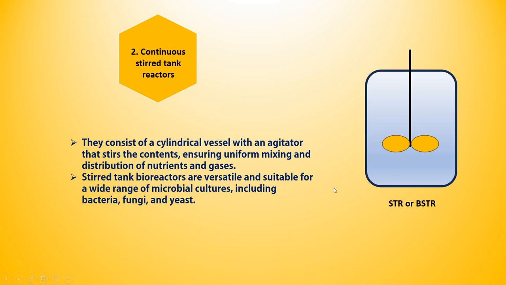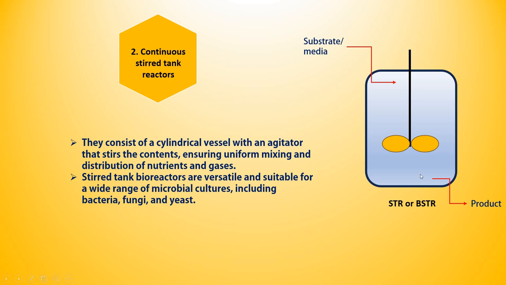But in the case of the continuous stirred reactors, what happens? The substrate or media is added continuously, and at the same time a similar volume of used media or product is recovered from the tank.